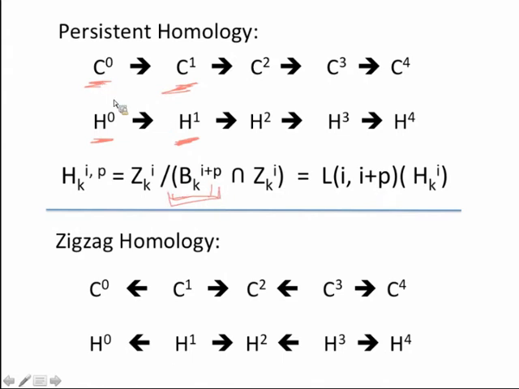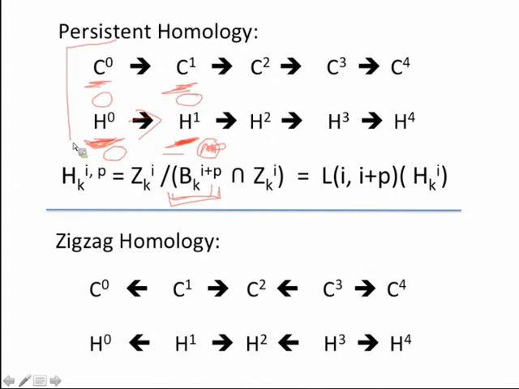So that is the map that it induces. We just take a look at all these cycles at time 0, and then we can see where the cycle goes. It'll either still be a cycle at time 1, or it will be killed off by a boundary. So we might have a cycle that remains a cycle, or we might have a cycle that goes to something where now it's a boundary of something.